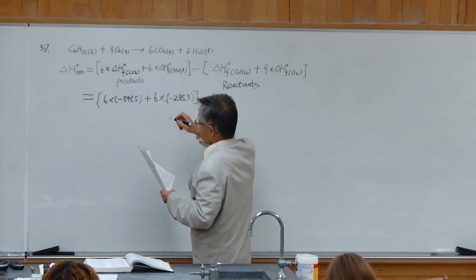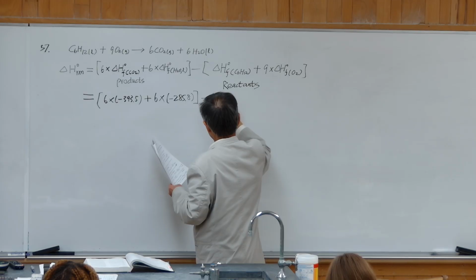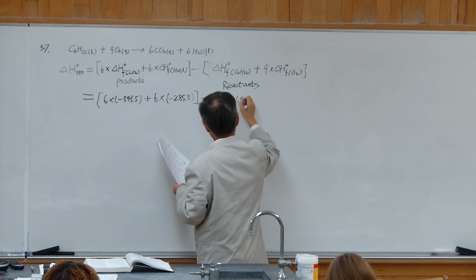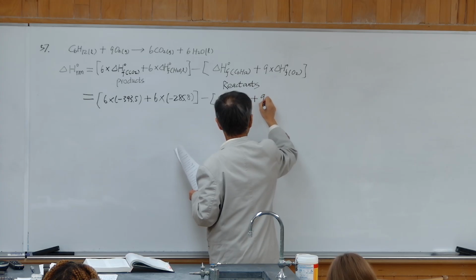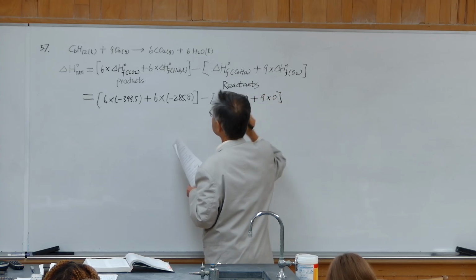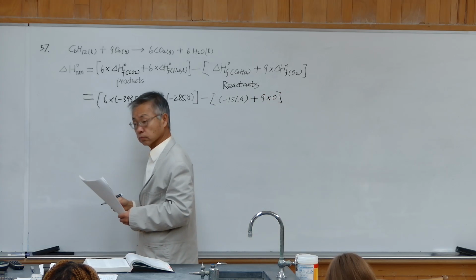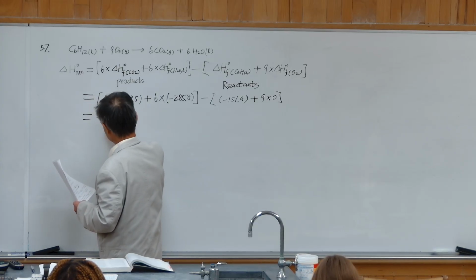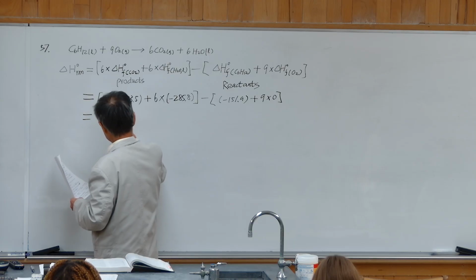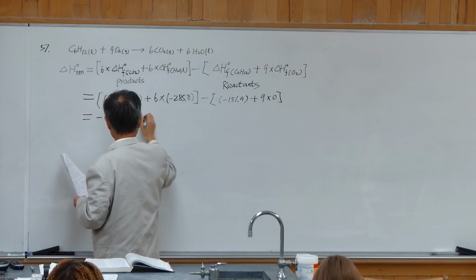And C6H12O6, the value is negative 1273.3. Oxygen gas is 0. Then use a calculator. You can easily get negative 3923.9 kilojoules.